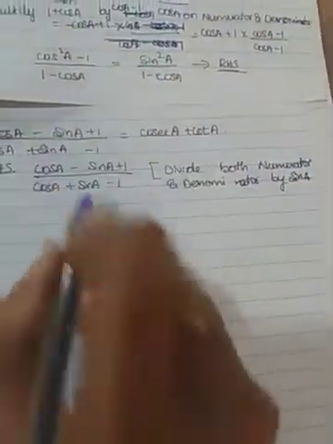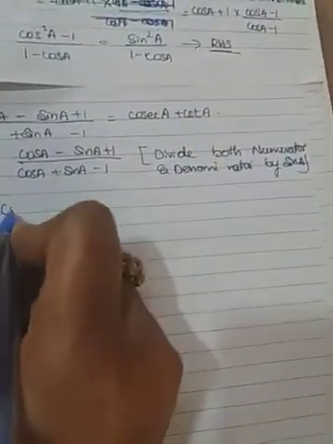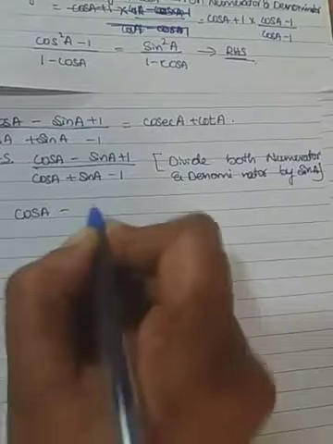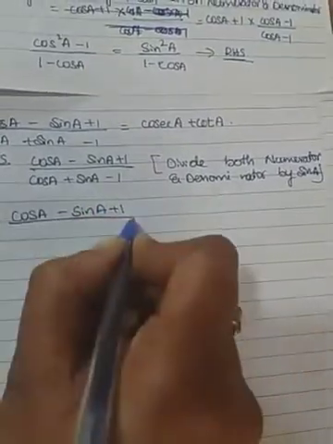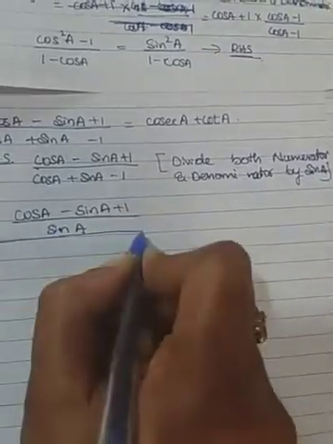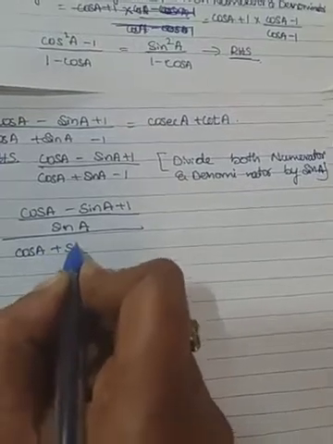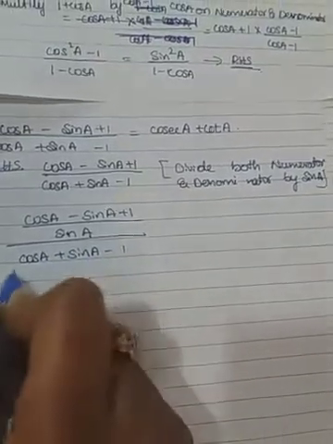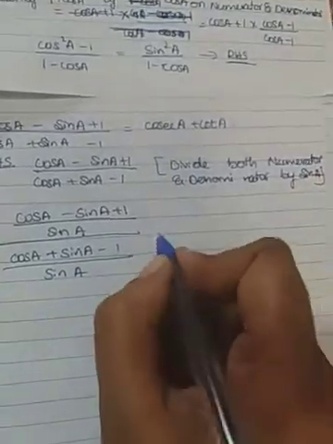Let's divide the numerator first by sin a. The numerator is cos a minus sin a plus 1, divided by sin a. The denominator is cos a plus sin a minus 1, and that should also be divided by sin a.